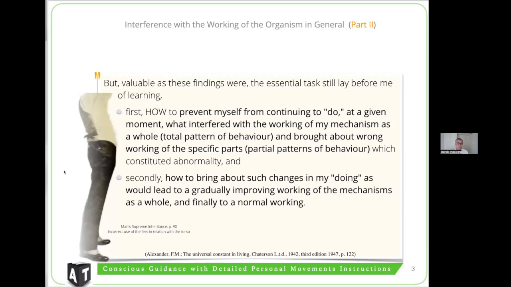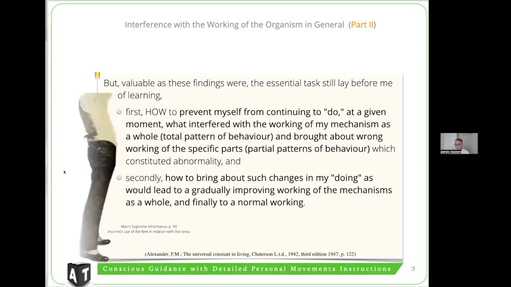And Alexander said that valuable as these findings were, the essential task still lay before me of learning two things. Learning first, how to prevent myself from continuing to do at a given moment what interfered with the working of the mechanism as a whole, the total pattern of behavior, and what brought about a wrong working of the specific parts, what he called the partial pattern of behavior, which consisted of abnormality.